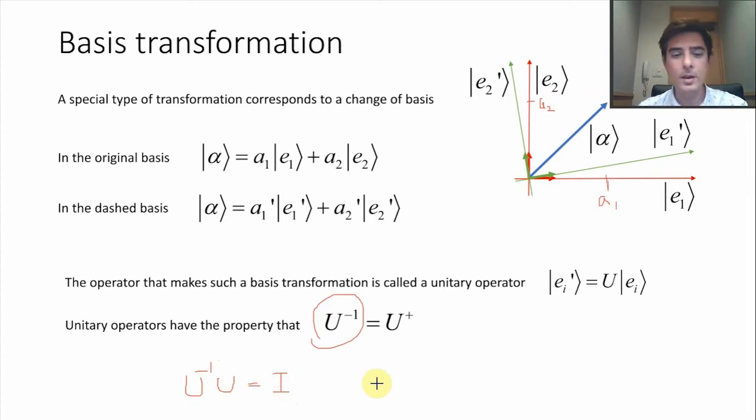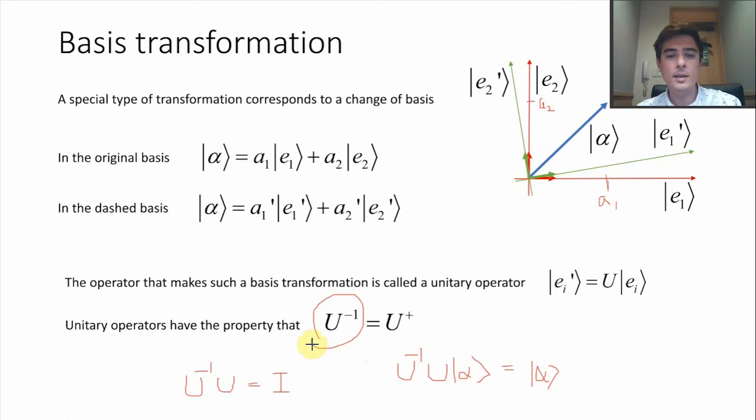Another way to put it: say I've taken a vector and applied some operator on it, in this case this unitary operator, and I want to get back my original vector. How do I undo the operation? I apply the inverse of that operator, and that will always give me back the original vector. In this example, the operator rotates the state from red to green, and the inverse would rotate back from the green to the red.